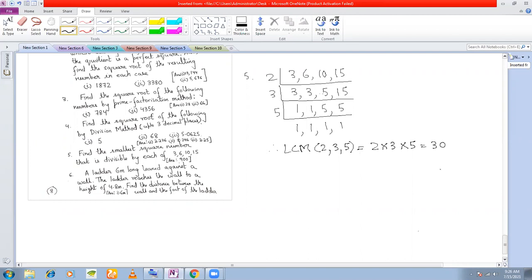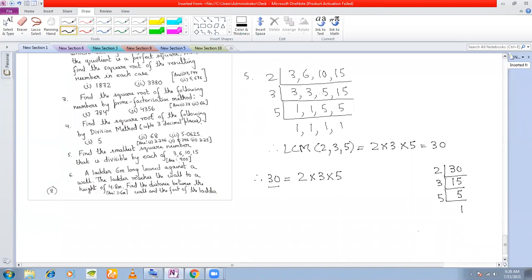So what should you do? If you remember this kind of example I worked out, what I tried to do was prime factorize 30. So the prime factorization of 30 we got as 2 into 3 into 5.